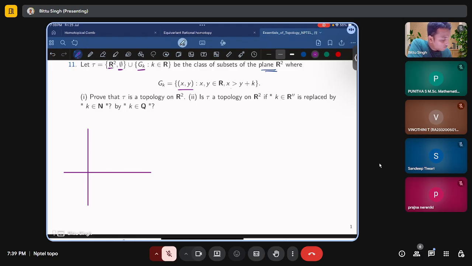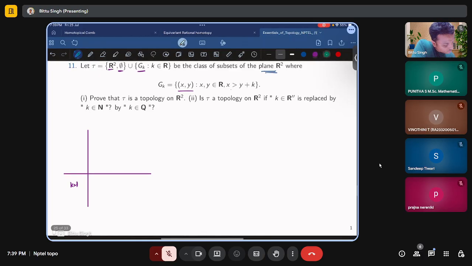For example, suppose k equals 1. For k equal to 1, we get this line.